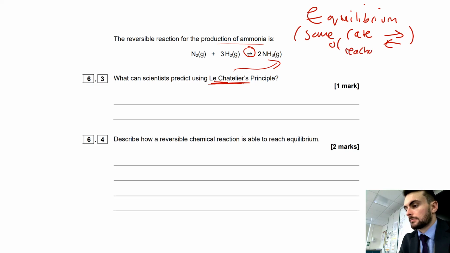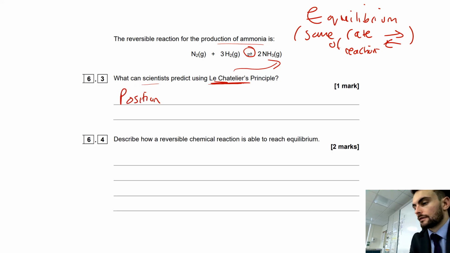So the products are being made at the same rate that the reactants are being made. What can scientists predict? They can predict the position of the equilibrium, so depending on the amount of products or reactants there will be in the equilibrium, depending on if they change different conditions. So we can put position of the equilibrium when changing conditions.